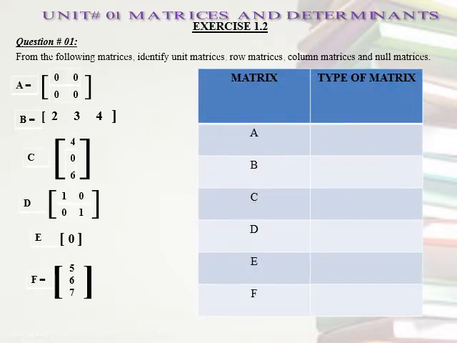Consider matrix A. Check according to the question. Is it a unit matrix? No. Is it a row matrix? No. Is it a column matrix? No. And last one, is it a null matrix? Yes. A is a null matrix.